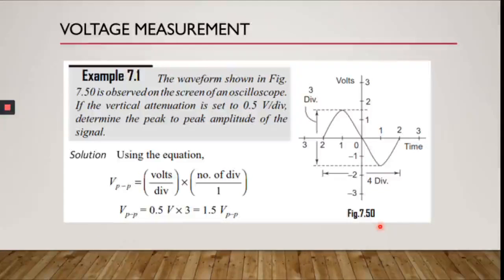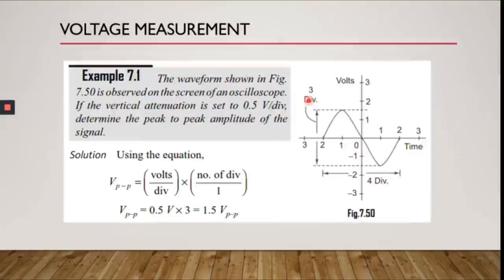Okay, so let's look at a simple example. This is voltage measurement, example 7.1. The vertical attenuation is given as 0.5 volt per division. So here is called 1 division. From here to here is 1.5 divisions, and from here to here is 1.5.